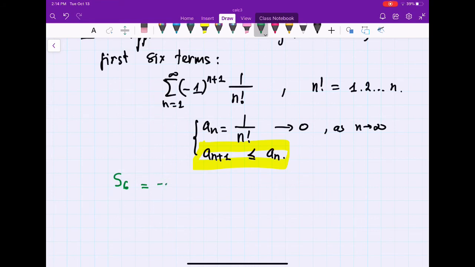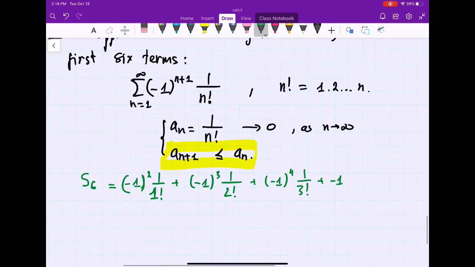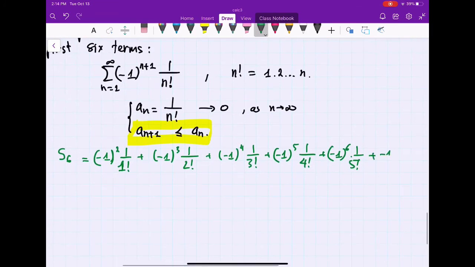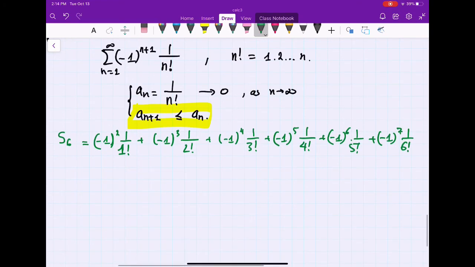So you have negative 1 squared times 1 over 1 factorial, plus negative 1 cubed times 1 over 2 factorial, plus negative 1 to the 4 times 1 over 3 factorial, plus negative 1 to the 5 times 1 over 4 factorial, plus negative 1 to the 6 times 1 over 5 factorial, and plus negative 1 to the 7 times 1 over 6 factorial. Okay, those are the first 6 terms. Let's simplify.